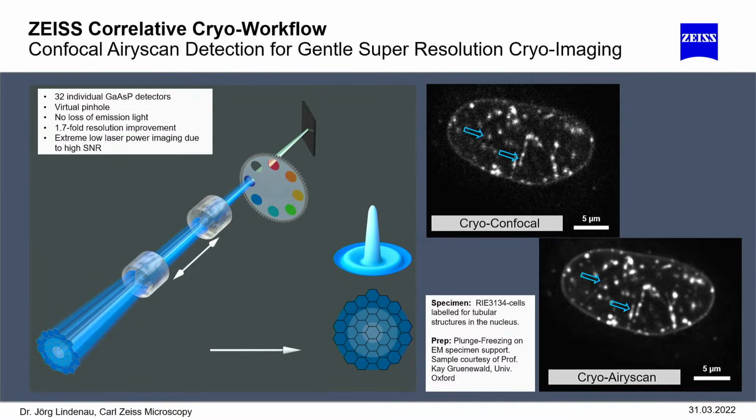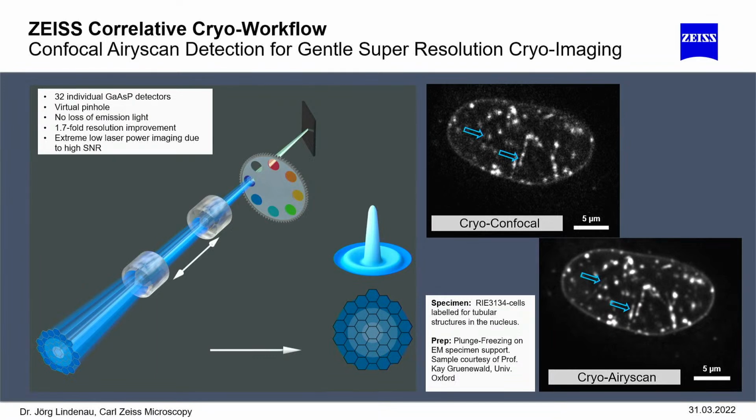And for confocal, as we all know, it is very challenging not to warm up the sample, so we would like to avoid any kind of devitrification, which starts already at minus 140 degrees. What we take care of here is to use all the light which comes back from the sample by using an array detector to detect the fluorescence light. The array detector is good for sensitivity, but on the other hand for higher resolution as well.